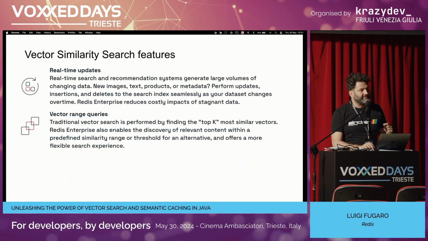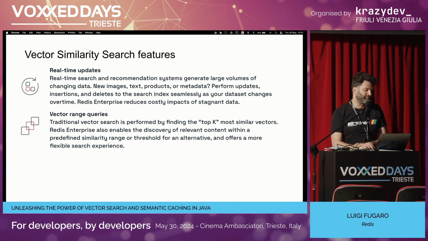Another thing that Redis supports is real-time updates. That means on the index, whenever you update your data, the index gets updated as well. Because when you do the query, you actually do it on the index, so you will always have the index updated, with the state and consistency of the data.